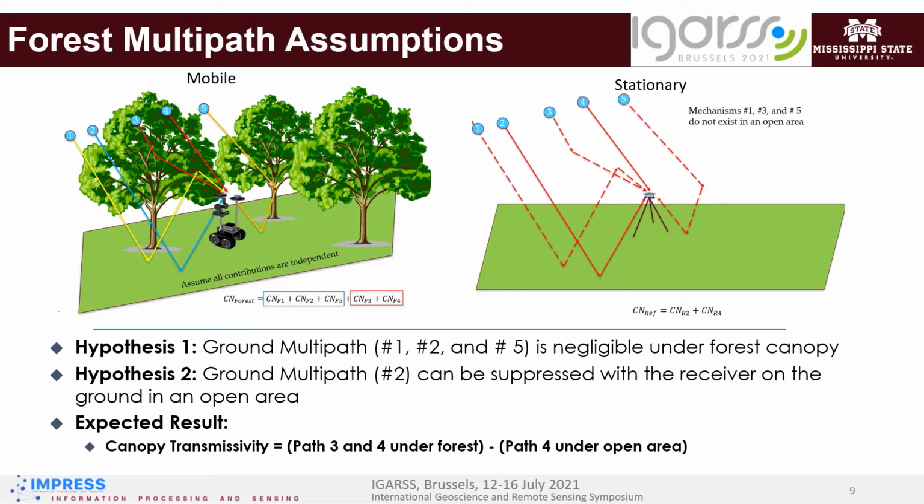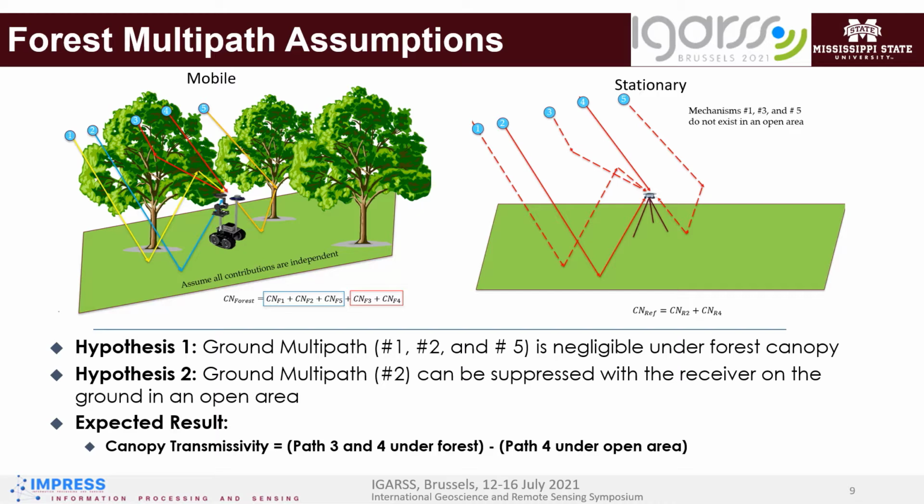Among these paths, number 1, 2 and 5 involve ground reflection, which are undesirable since they can distort the difference methodology if they are substantial. The receiver on a moving platform has to be elevated above the ground to navigate through the forest floor. Thus, our proposed setup requires verification of the multipath scattering assumption before we draw any conclusion on estimated transmissivity values.